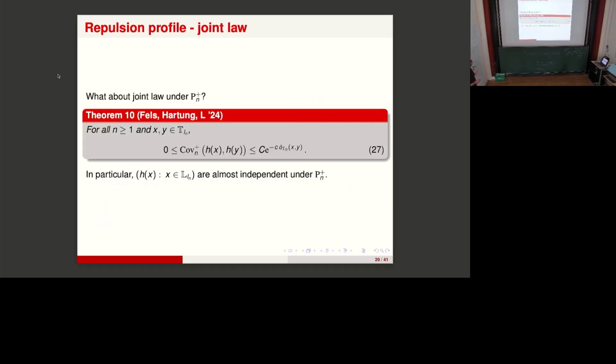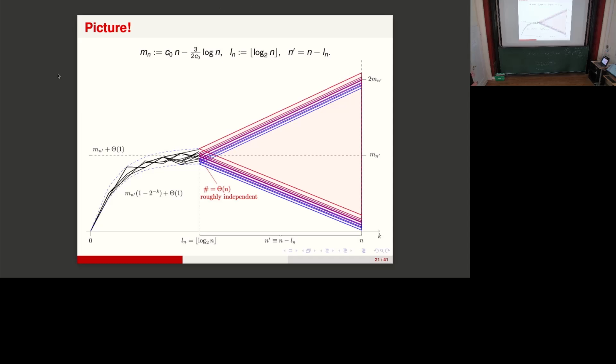What about the joint law? You can also prove that at two vertices at generation Ln, at the end of this climb, they are almost independent in the sense that the covariance decays exponentially in the graph distance. So it roughly looks like this.